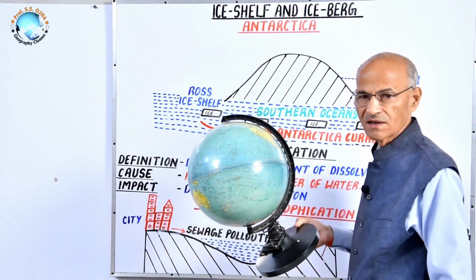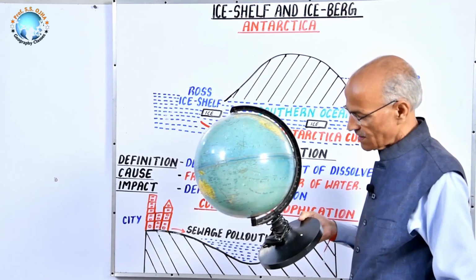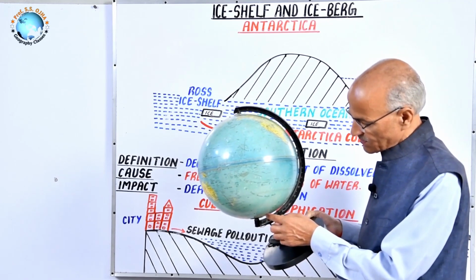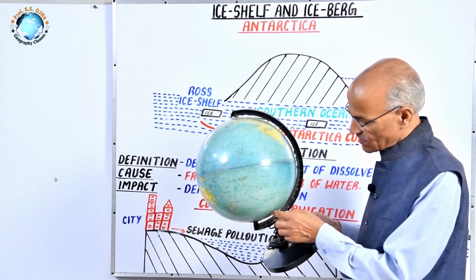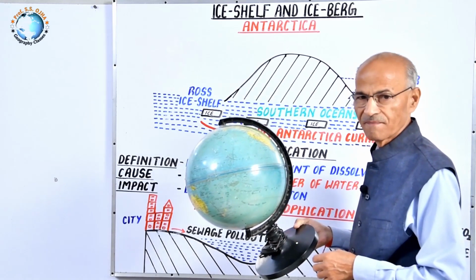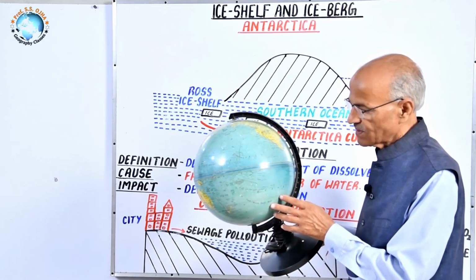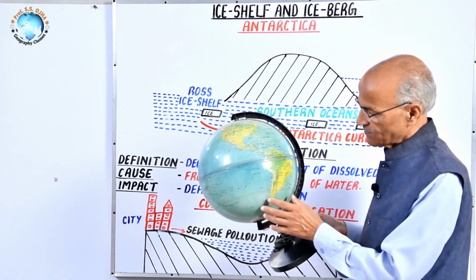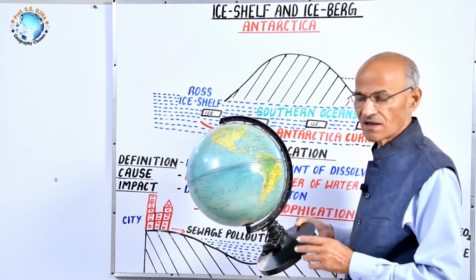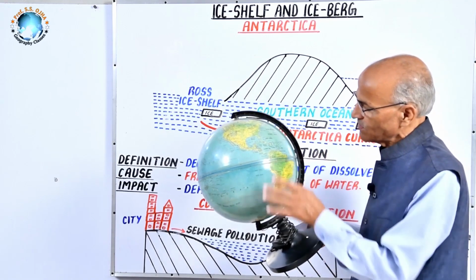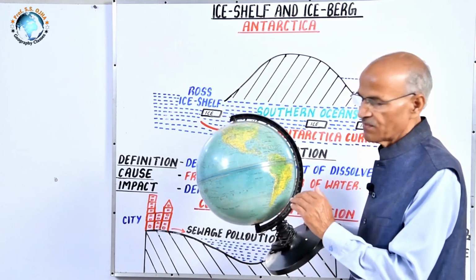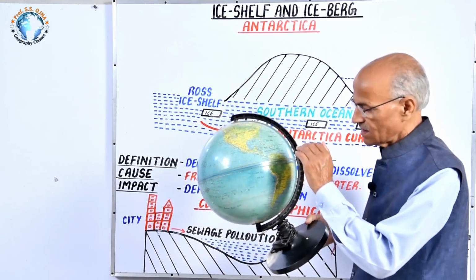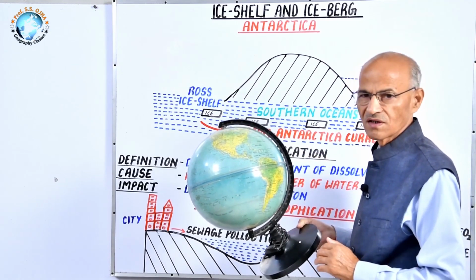And when these icebergs start moving in the north direction, they have some target to hit, the capes of the continents. And if you see, most of the continents have their base in the north and their apex or cone in the south.